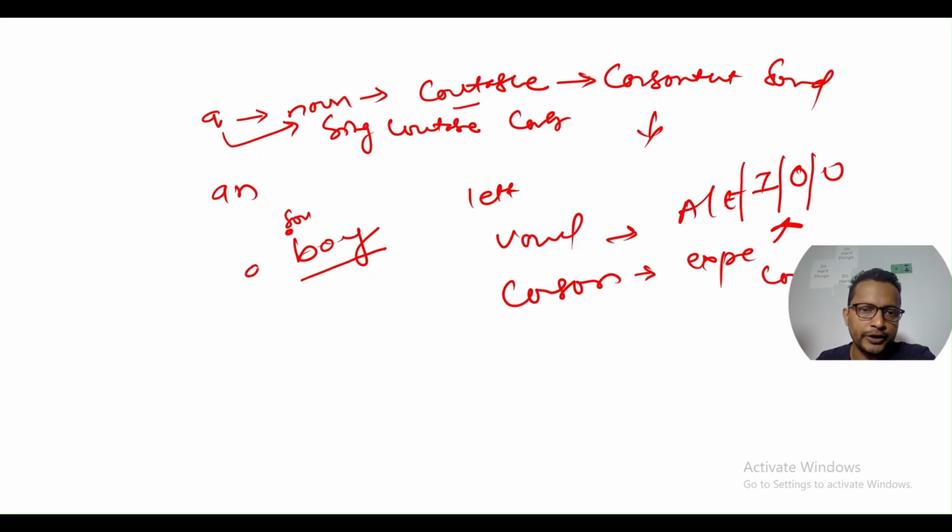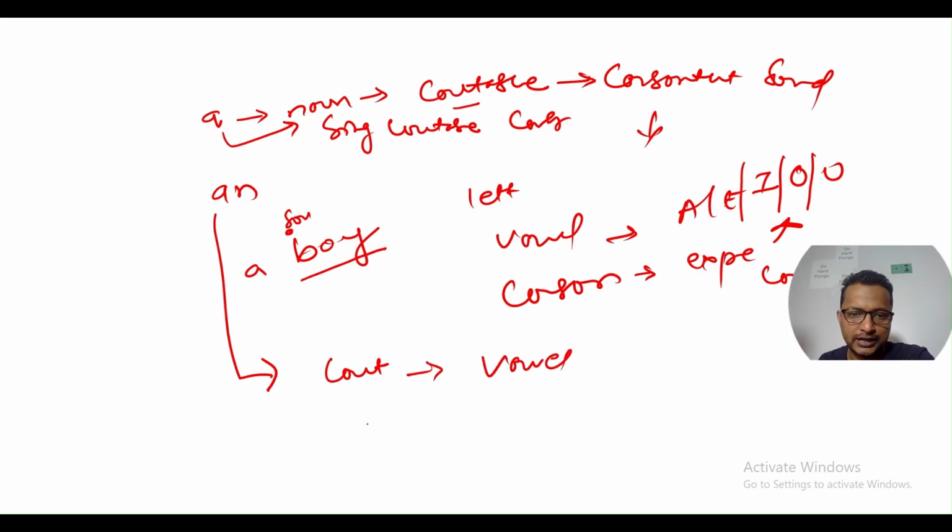For example, a boy. In contrast, an is used in front of a countable noun which starts with a vowel sound. For example, eagle. We'll say an eagle. We will not say a eagle because the E sound is coming.